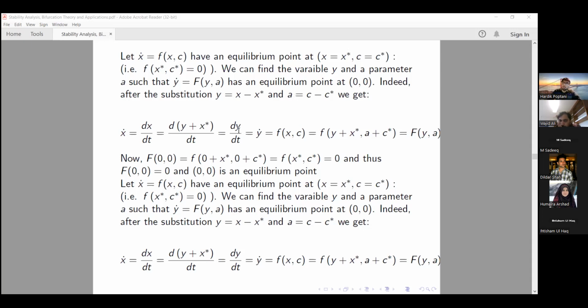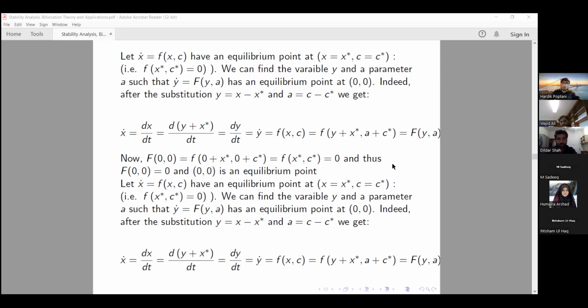Therefore it'll just equal dy by dt, which is equal to y dot, and of course we could just rewrite this as f of y, a. So it's just the new system, a shift of basically topological equivalence.